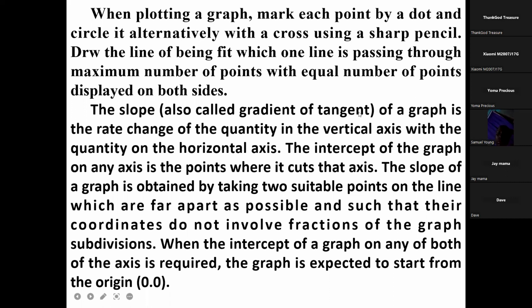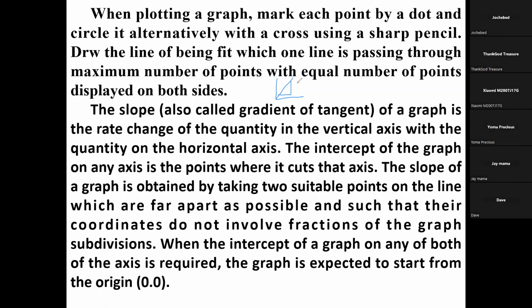Now, the slope of a graph is the rate of change of the quantity. Let's say we have a straight line graph. For our slope, it will simply be a triangle.